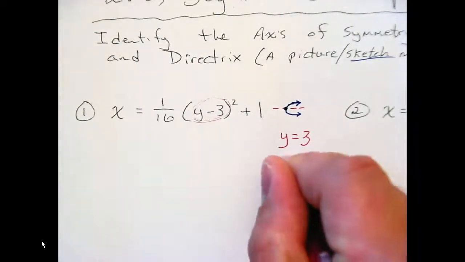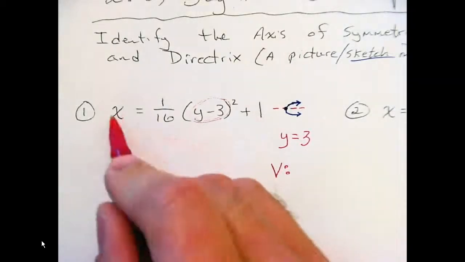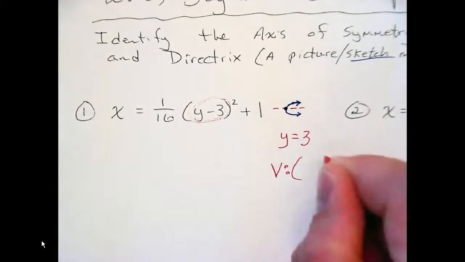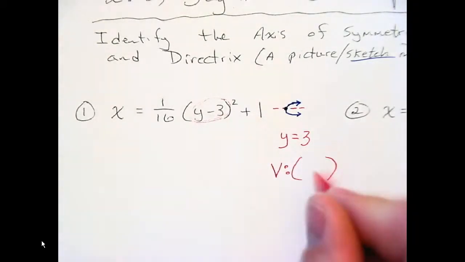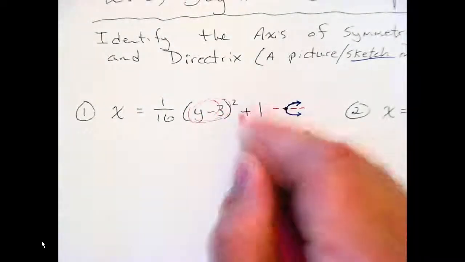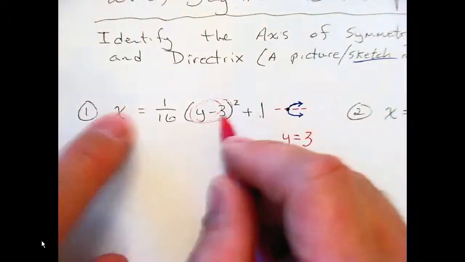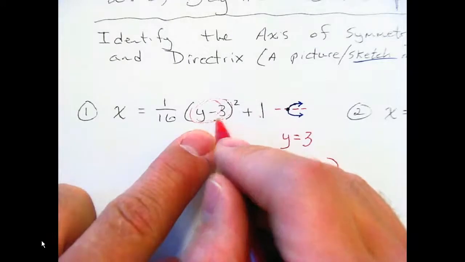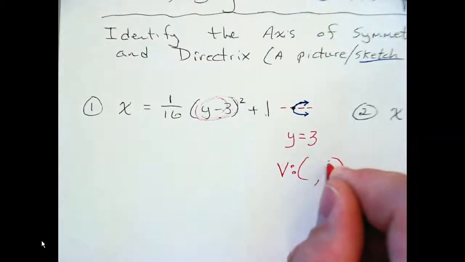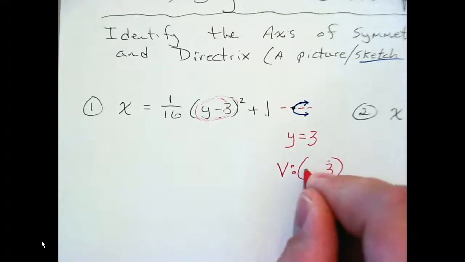My vertex, when I have an x equals graph, is still an xy, but my y is inside here, and my x is outside here. The x's are on the outside, the y's on the inside. It's backwards. So this is 3, and this is 1.